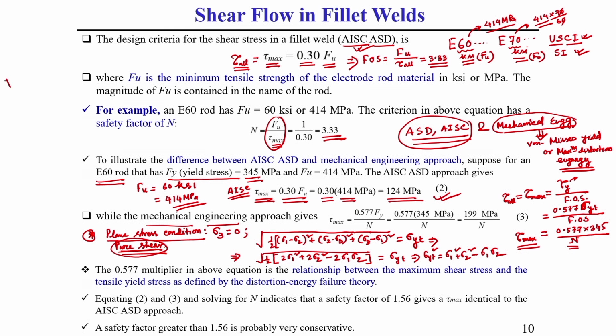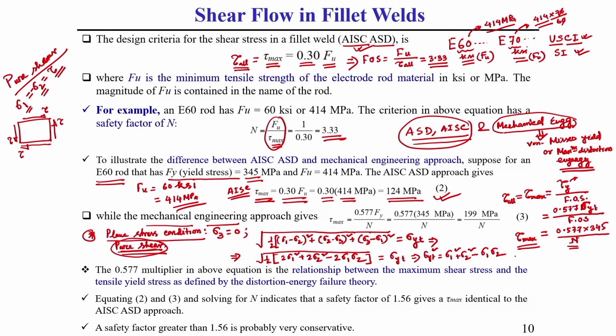In the case of pure shear condition, always keep in mind that sigma 1 is equal to minus sigma 2, which is equal to tau. There will be shear stress only, because the state of stress is pure shear.